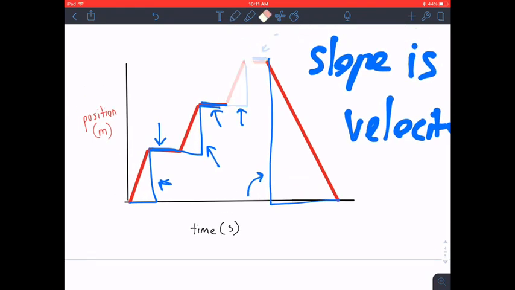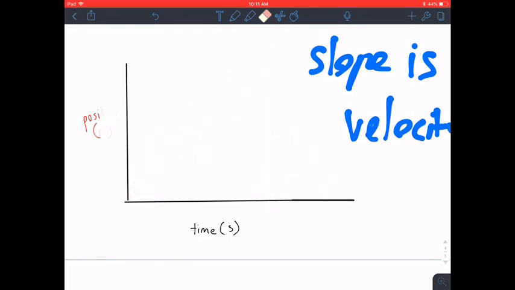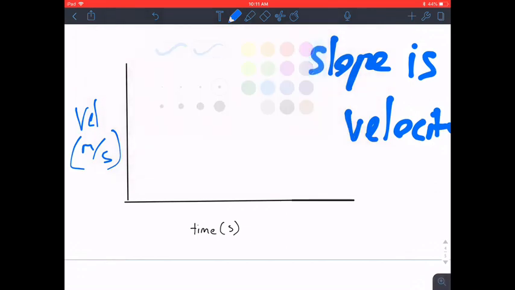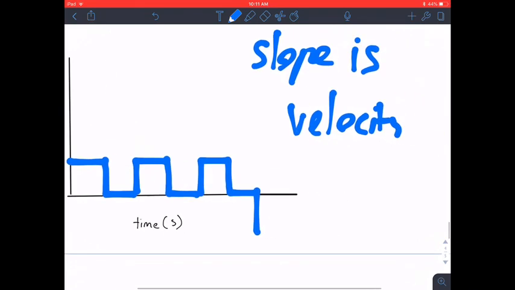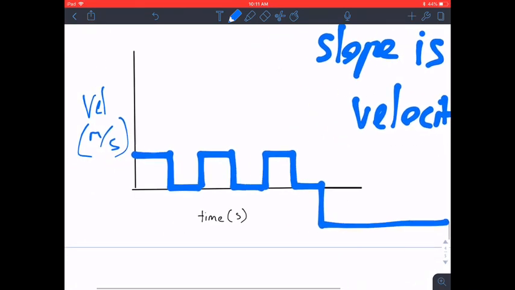How would we draw that on a graph of velocity and time? The object moves and then goes to zero velocity, and then moves, goes to zero velocity, moves, goes to zero velocity, and then moves back with a negative velocity for a long time.